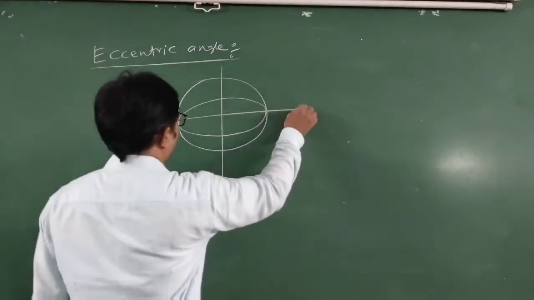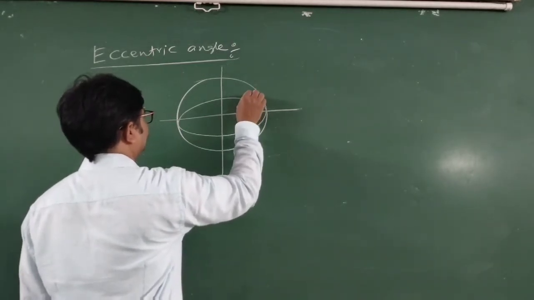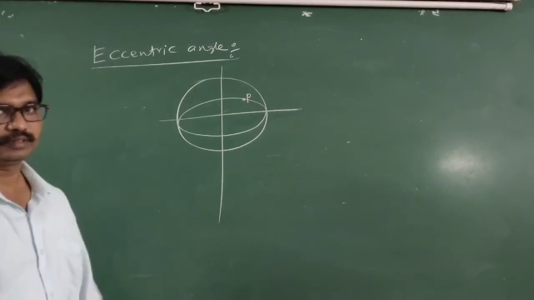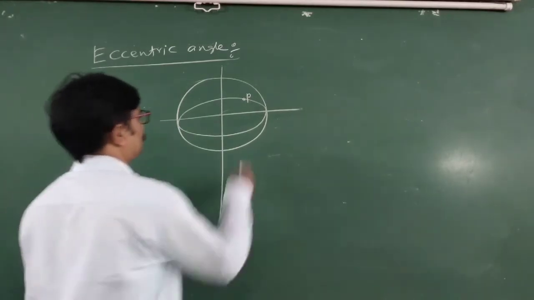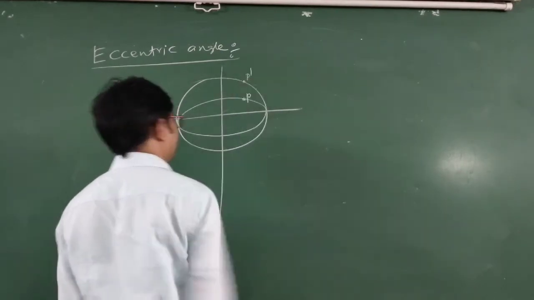Now students, if you take any point P on the ellipse, the corresponding point of P on the auxiliary circle is P dash.